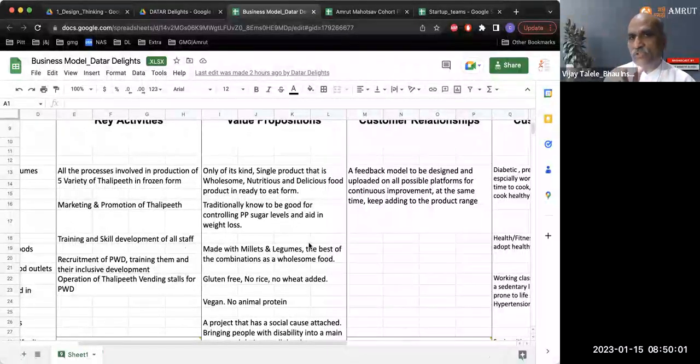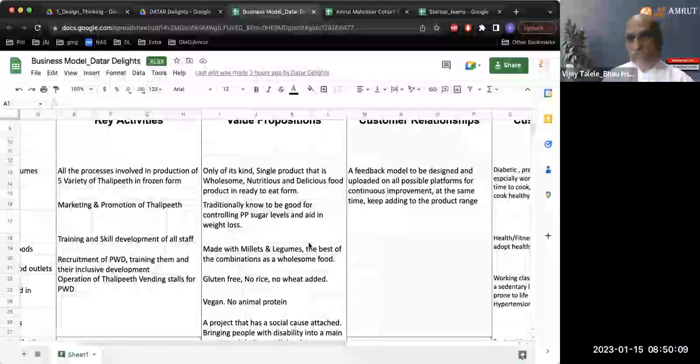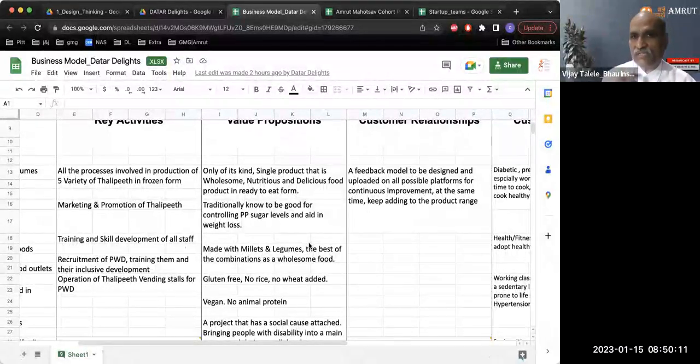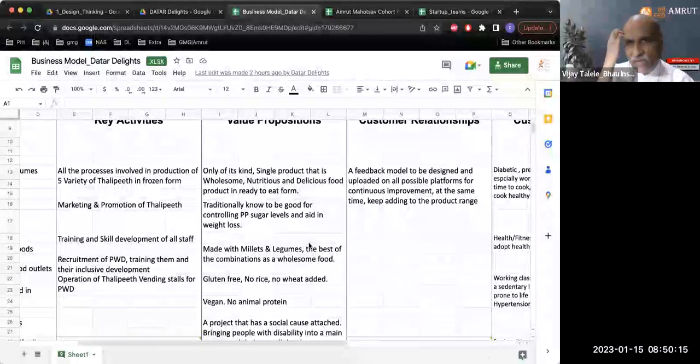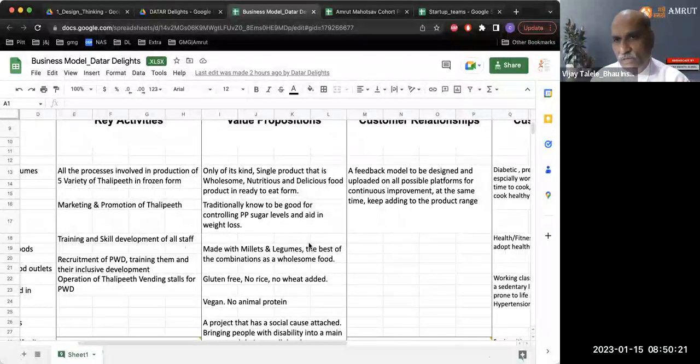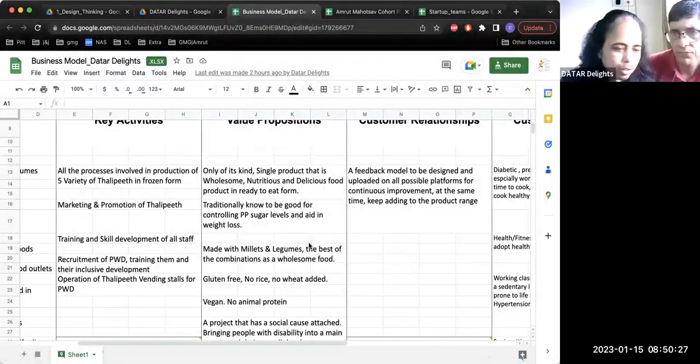So you really need to focus on how you are going to retain your customer, and to do that you need to build the relationship right from awareness to post sales. You mentioned feedback, which is an after-sales thing, but you also need to look at all other aspects of the customer journey where you will be building relationships. So you can modify this block a little further. Sure, we'll work on it.